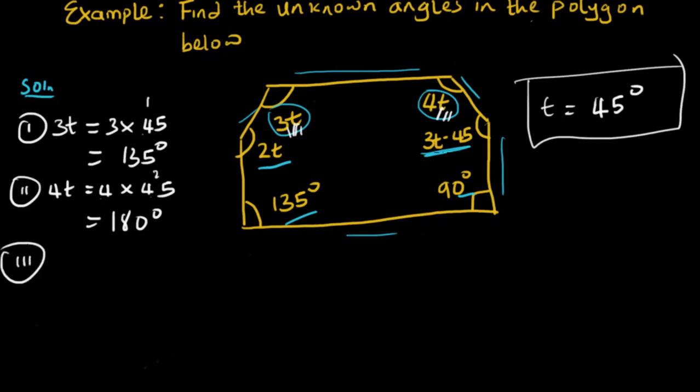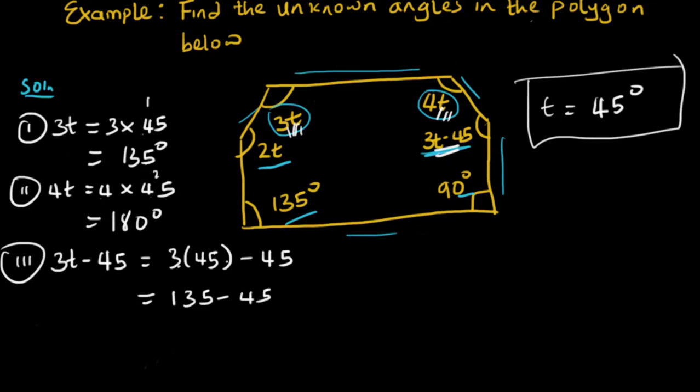Then the next one is 3t minus 45, which equals 3 times 45 minus 45. Remember, you do the bracket first. 3 times 45, we've gotten that as 135. So we have 135 minus 45. 5 minus 5 is 0. 13 minus 4 gives us 9. So we have 90 degrees. Then the fourth angle is 90 degrees.